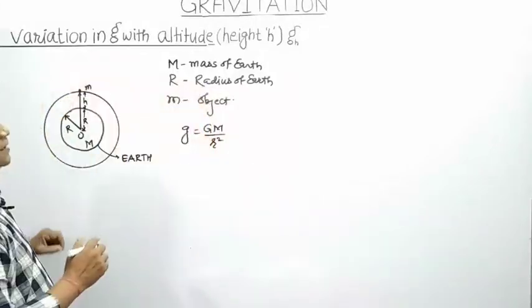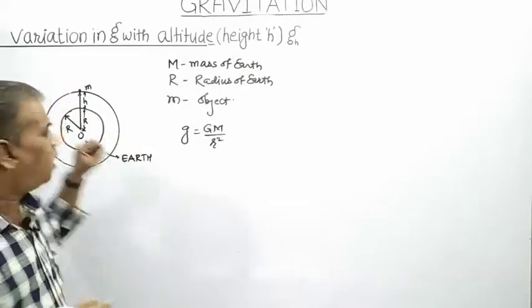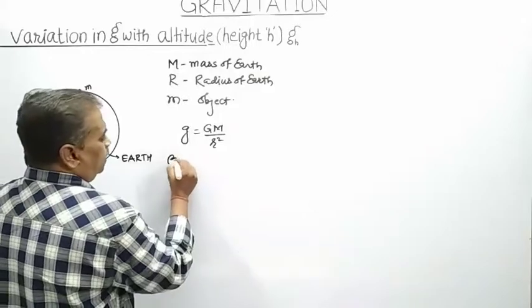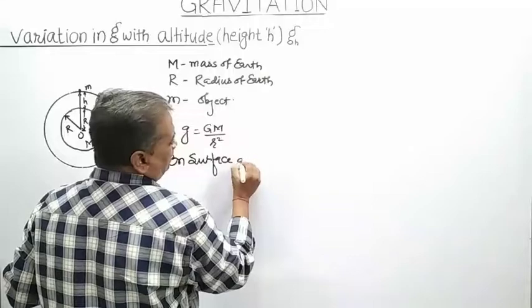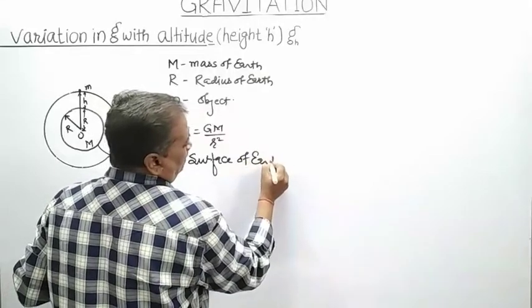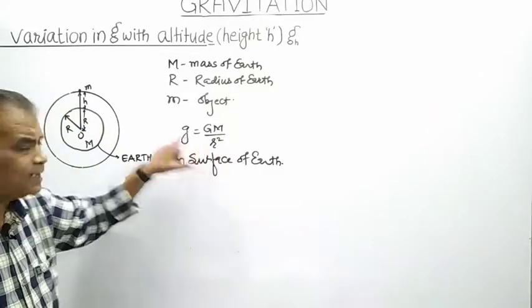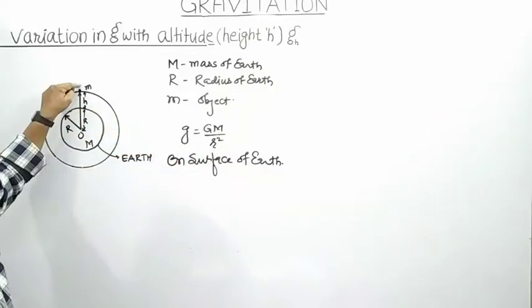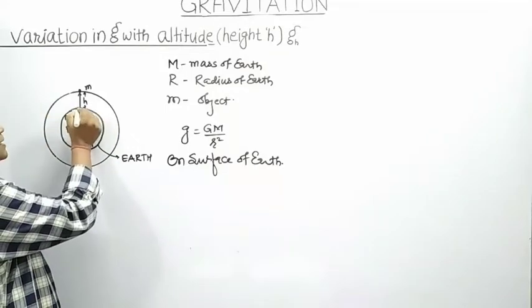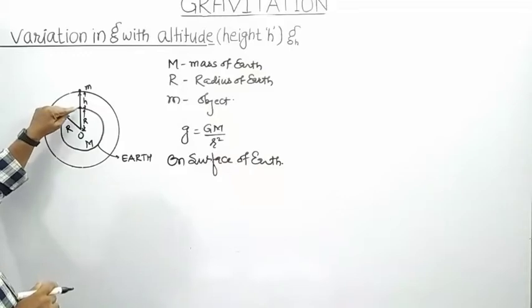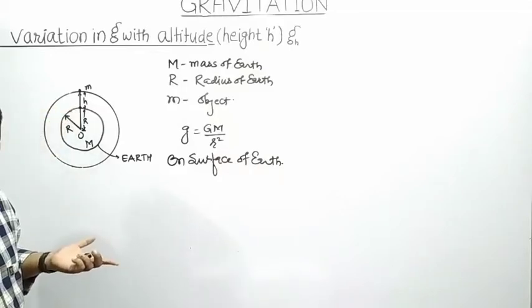Here, if I consider that an object of mass small m is lying on the surface of the earth, then what is the distance of that object from the center of the earth? When the object itself is lying on the surface of the earth, the distance of that object from the center of the earth is nothing but the radius of the earth.